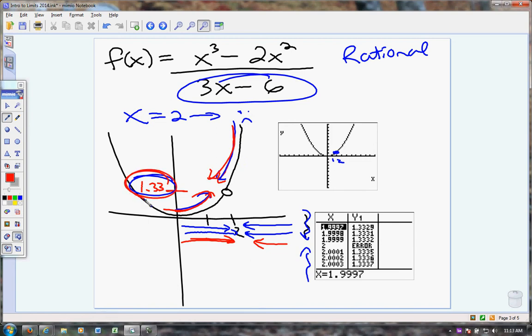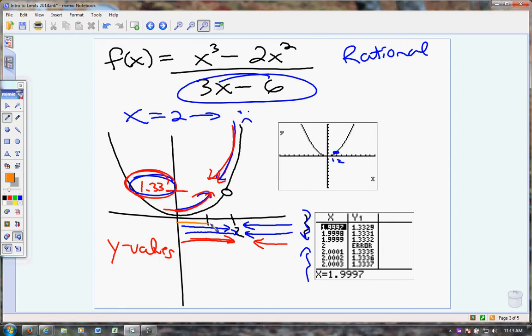All right? And when we said function value, remember, we're thinking y values. So we are comparing as we approach a certain value on the x.